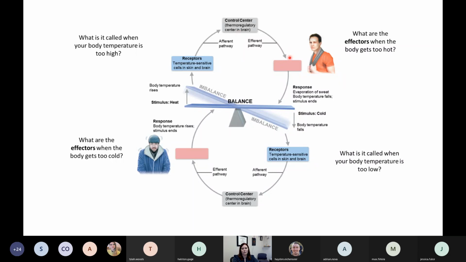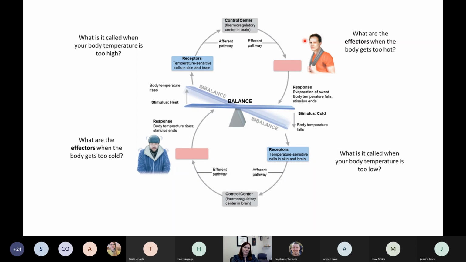So the first thing the control center is going to do is it's going to make you sweat. Sweating that watery sweat that helps to cool us off. Hopefully you remember this, especially my Wednesday lab friends. What's the name of the kind of gland that makes watery sweat? Watery sweat that would cool you off.